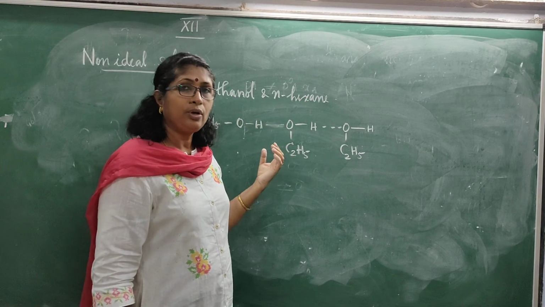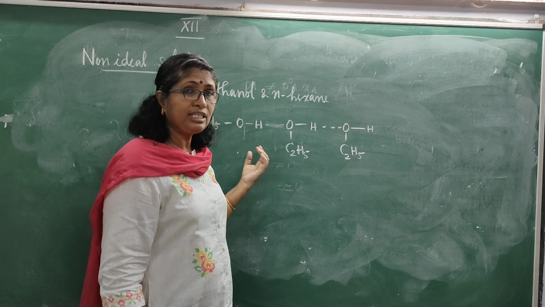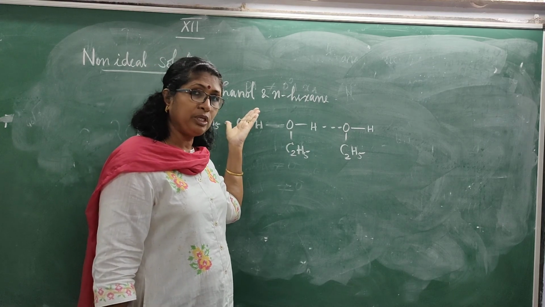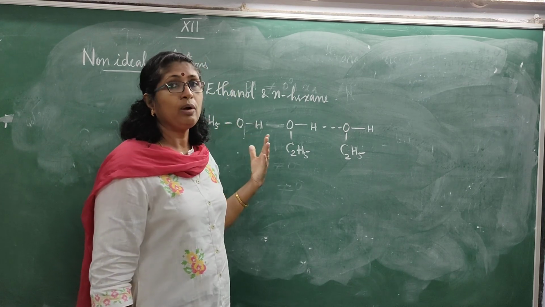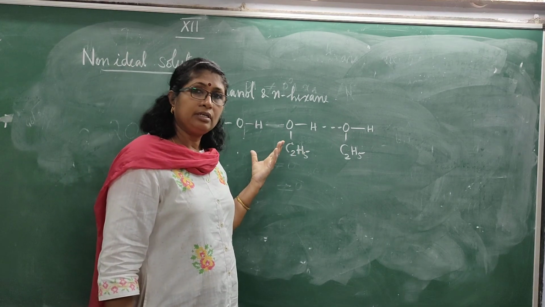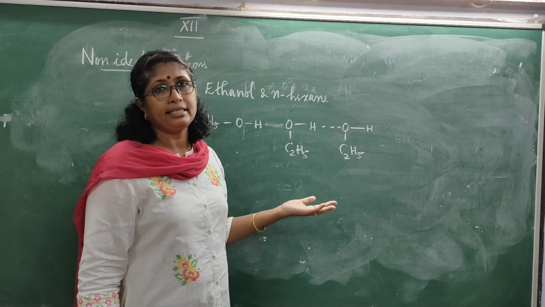It is only non-polar and weak dispersion force. So that is weaker than the AA interactive force between ethanol molecules. So what will happen to the vapor pressure of ethanol? The rate of evaporation will increase, and the vapor pressure also will increase.